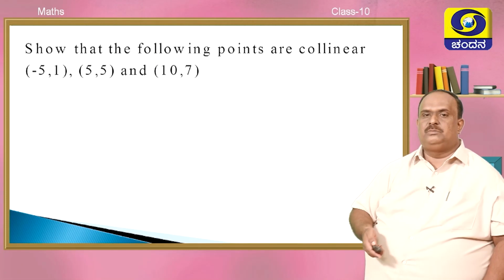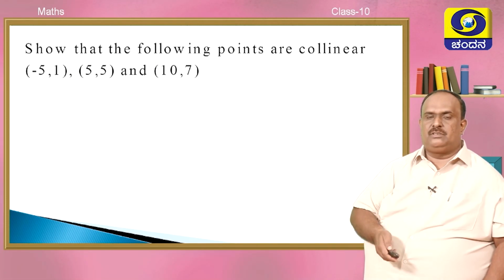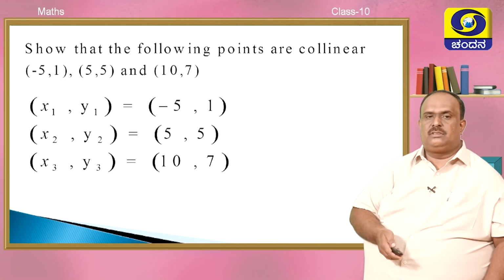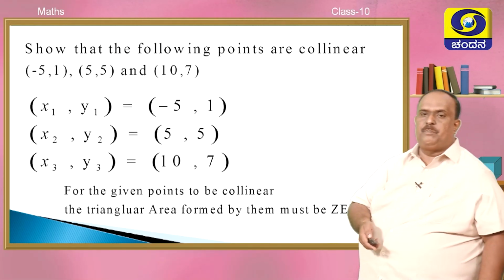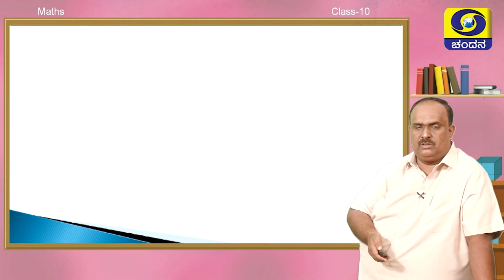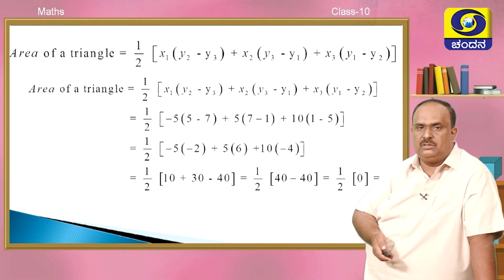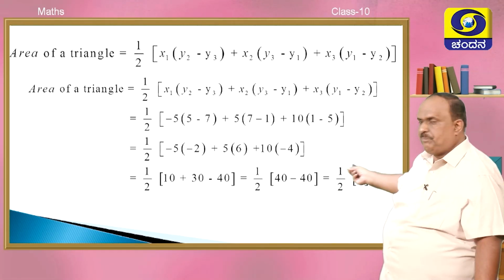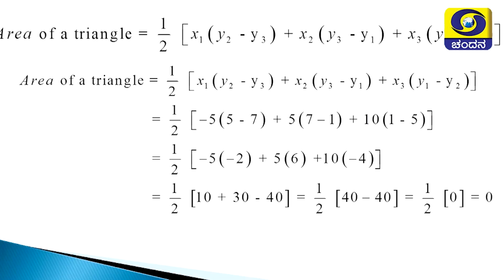Same thing. Show that these points are collinear. Right? Write the data. Write the condition. Write the formula. Substitute. See the final answer. 0. What can you conclude?